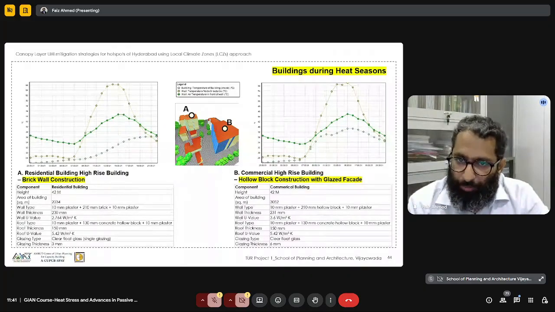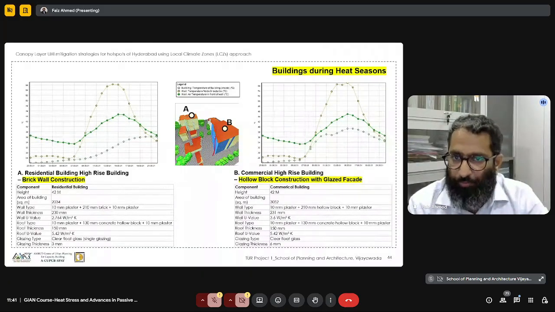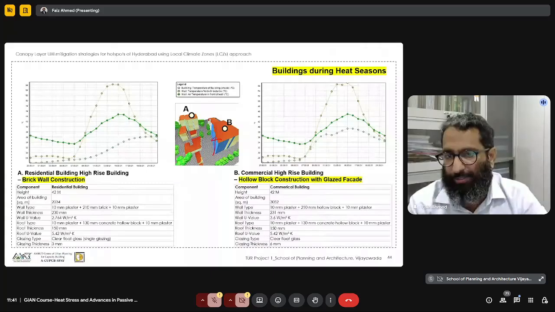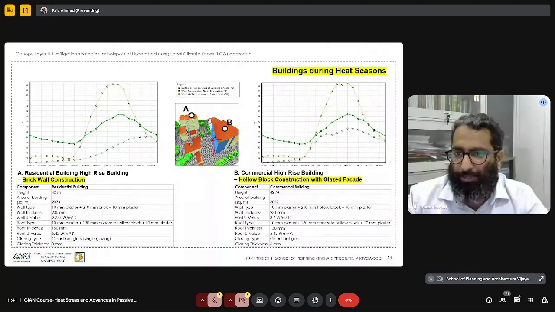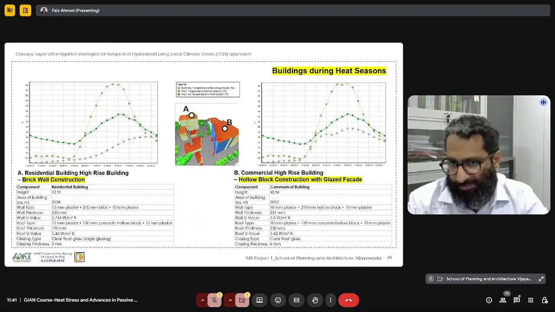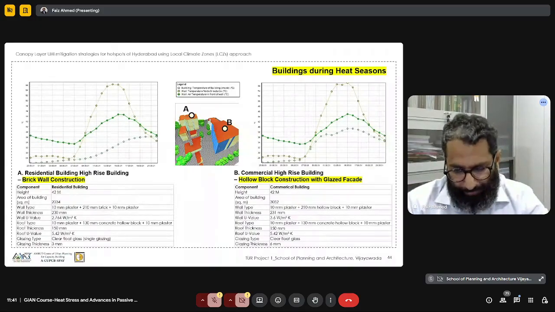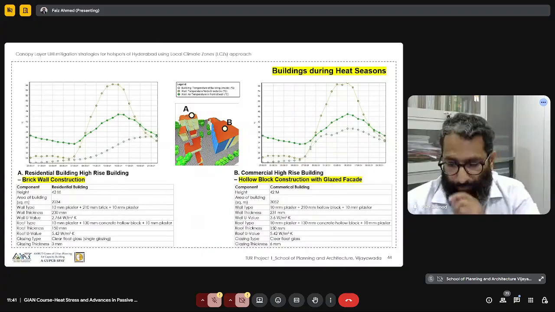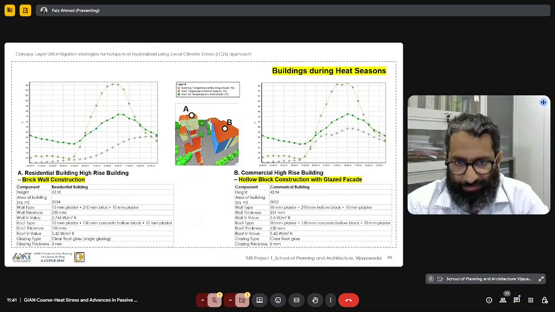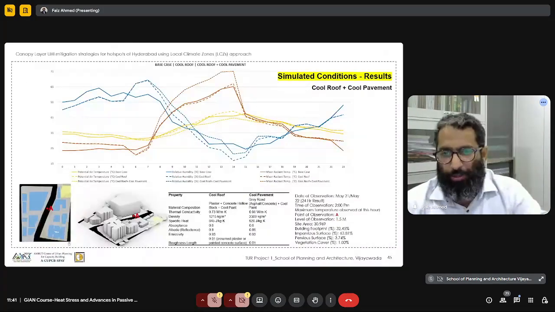It's not only about what kind of strategies we work on in the outdoor condition. It also matters how we select the building materials for the glass, roof, and windows as well. A lot of it has been discussed in a very, very detailed manner in the last several sessions.